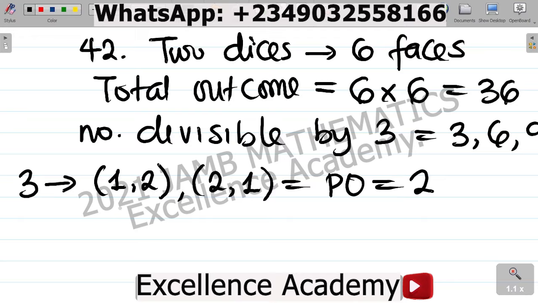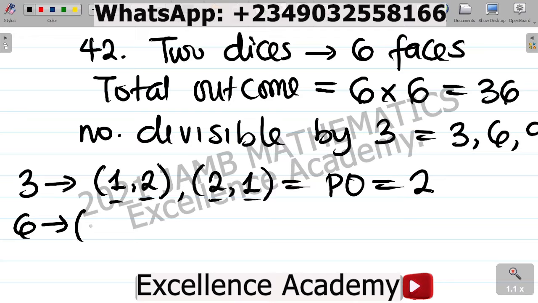So there are two ways I could get 3. It's either the first die gives me 1 and the second gives me 2, or the first gives me 2 and the second gives me 1. Let's look at the next one, 6. How can I throw my dice to get 6?